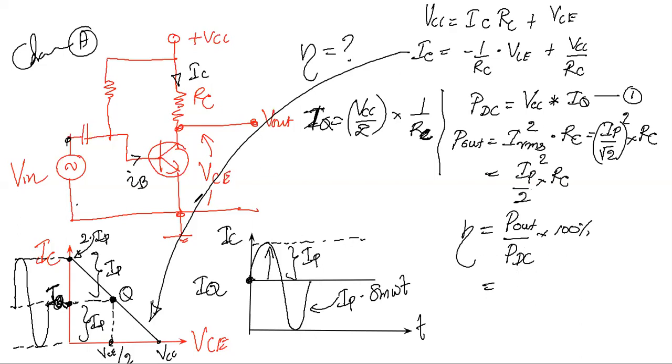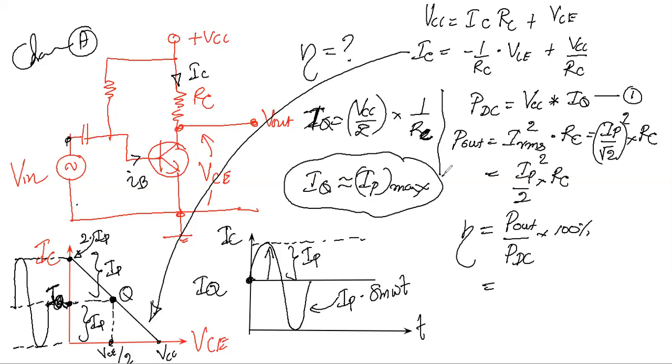So as you know, in this case, this IQ is almost equal to the peak value, the I peak max value. Therefore, you can refer this relationship also to here. The reason is you can see here PDC you have derived based on the IQ.